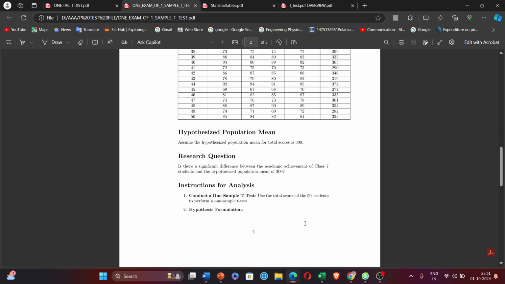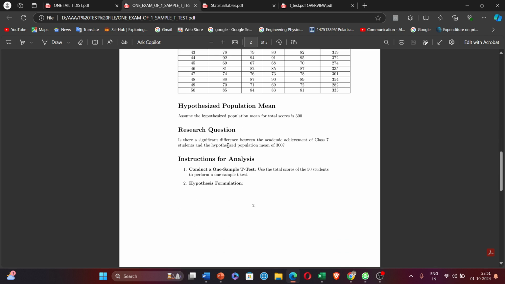So now the question is: is there any significant difference between the academic achievement of class 7 students and the hypothesized population mean score of 300? Is there any difference between your score and this score in terms of academic achievement of class 7 students?